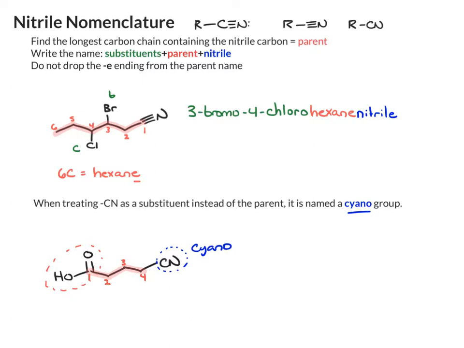So the parent with 4 carbons is butanoic acid. So now for the name, we do our substituents alphabetically, but there's just one. We have the 4-cyano butanoic acid.